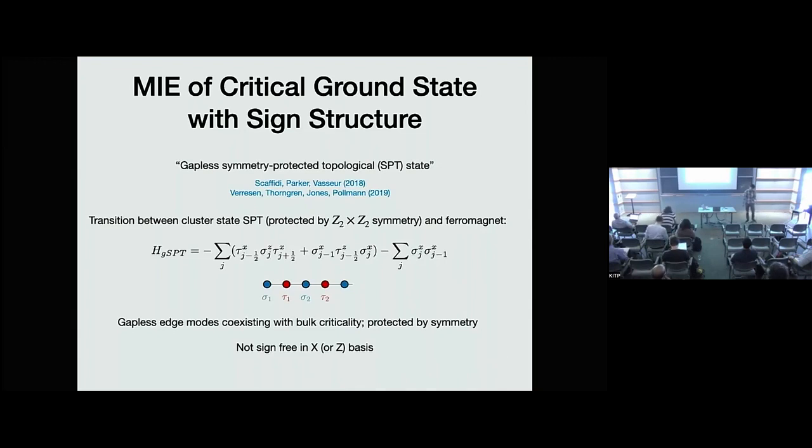But I think you're getting at how to probe the intrinsic sign problem itself, right? We've been trying to think about that a bit. Maybe one needs to consider MIE, with measurements in a random local basis, and then look at the average over that. Then it gets pretty complicated, but we have some ideas like that. Thank you.